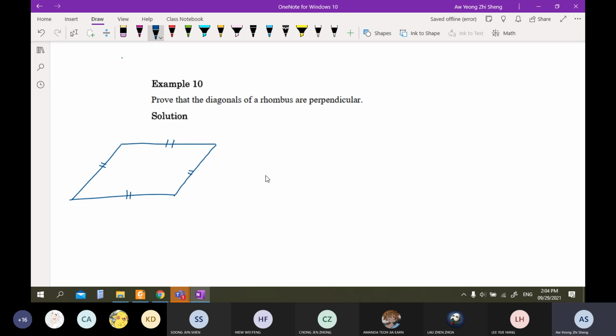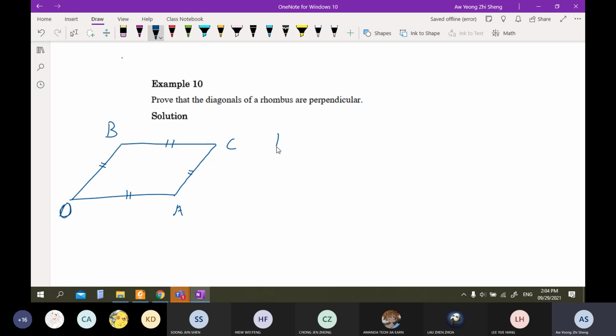Now let's name the vertices of the rhombus. You can name it A, B, C, D, P, Q, R, S, or whatever you like. Here I will just call it O, A, C, B. You can name it however you want.